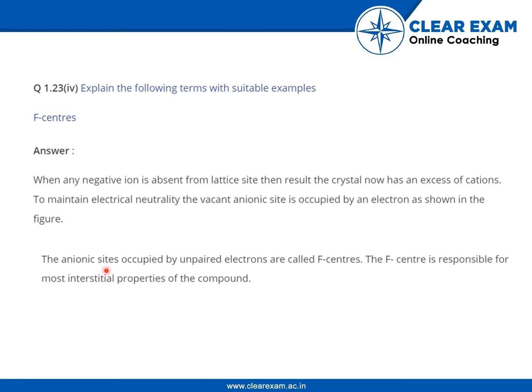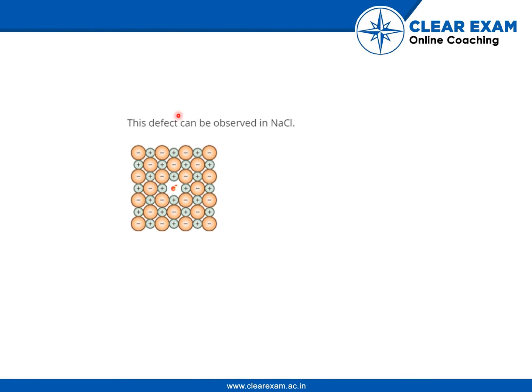Okay. So the ionic sites occupied by unpaired electrons are called F centers. This defect is observed in NaCl. So as you can see, there is one vacancy. So an electron comes and occupies it. So the compound exhibits electrical neutrality.